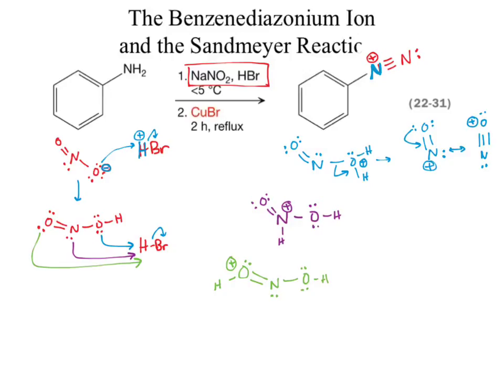What happens with the purple one? Is there any resonance to stabilize that positive charge? No. Do we have any leaving groups? No. So that purple one is really pretty horrible because we've got no resonance and no leaving group. How about the green one?